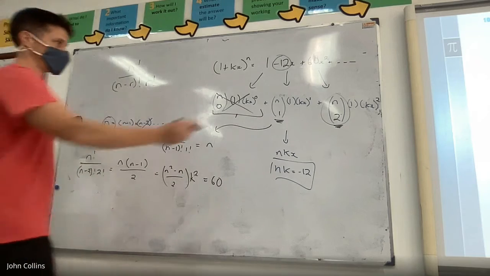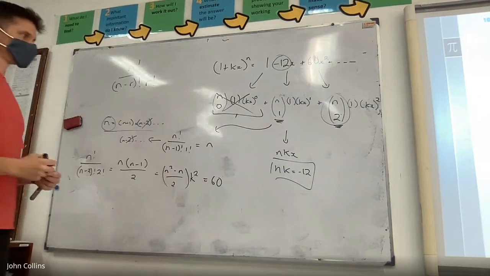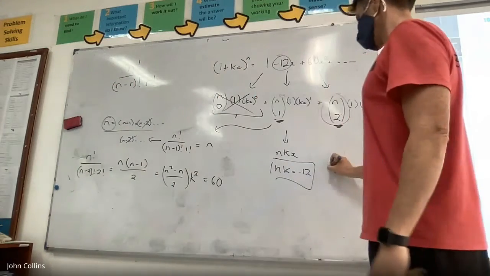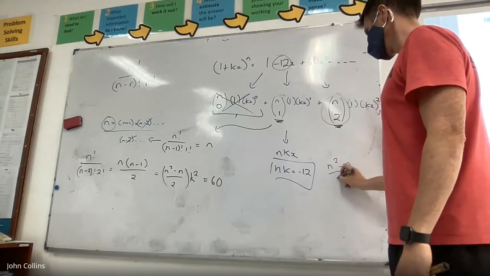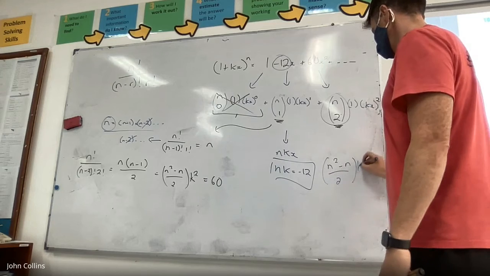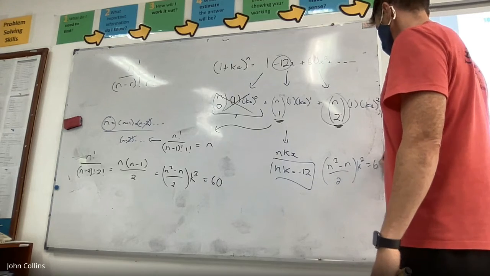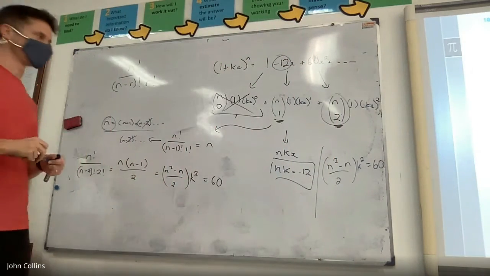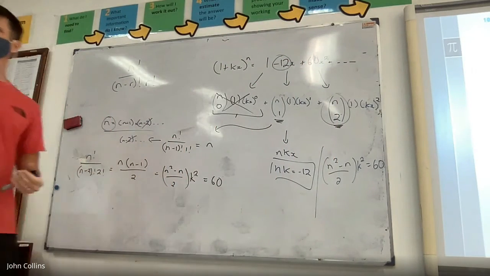That's that term. Wow. N squared minus n over 2 times k squared equals 60. There is my two equations. Even solving this is going to be difficult from here.